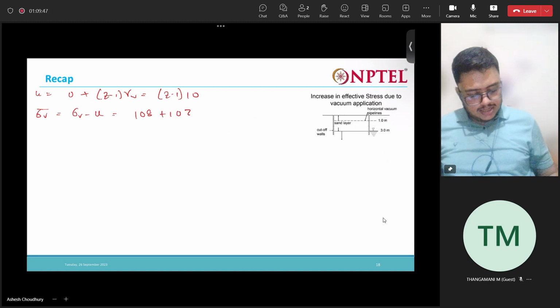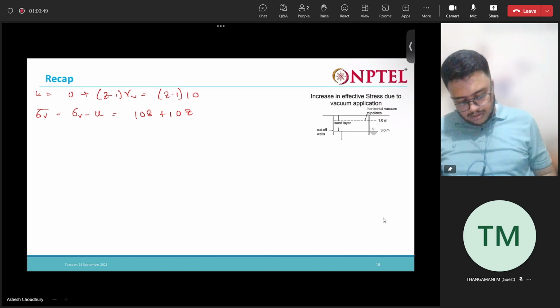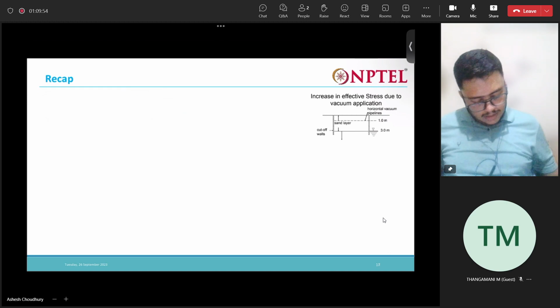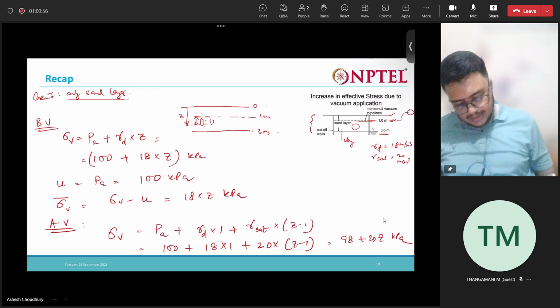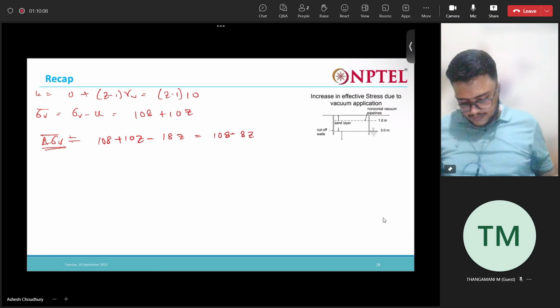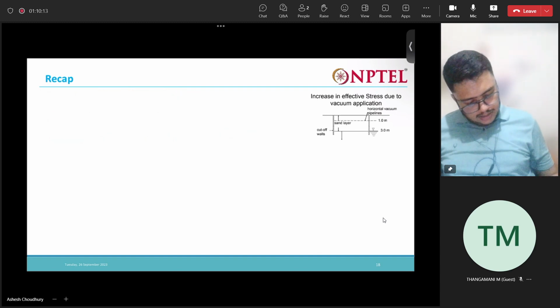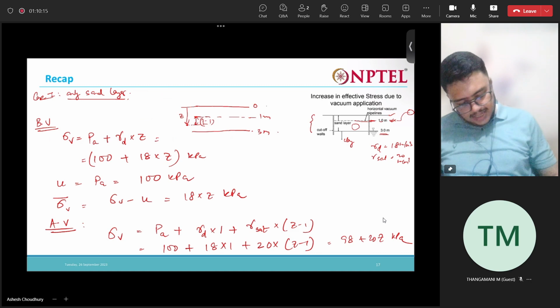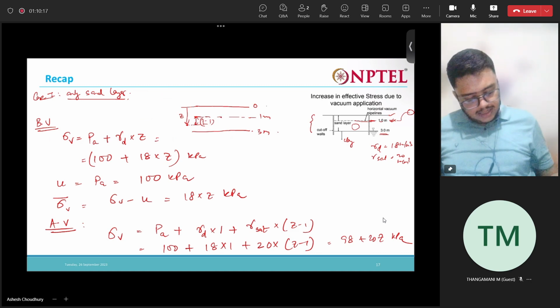Okay, so you can see now if there is an increase in effective stress. What is the increase? 108 plus 10z minus 18z, so 108 minus 8z. At this level, what is the increase in effective stress? That is when z is equal to 1.